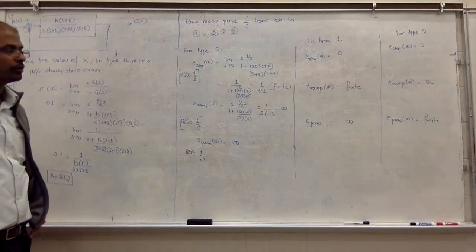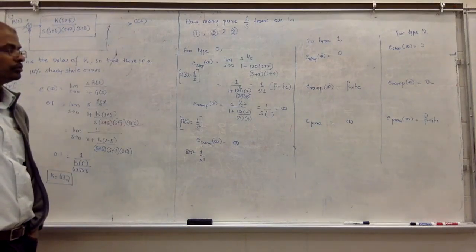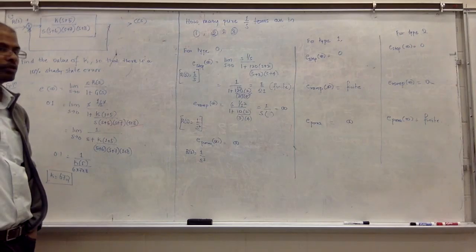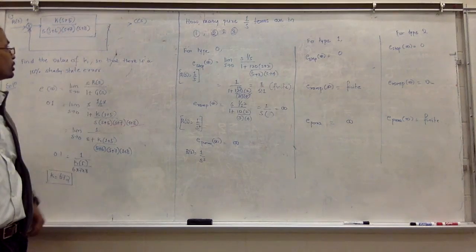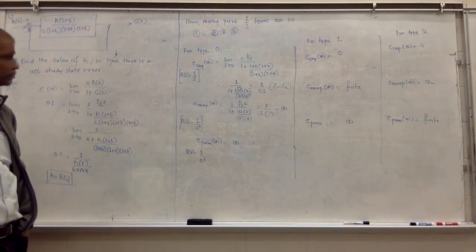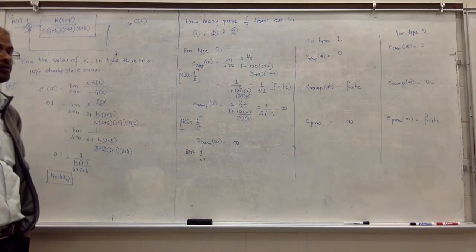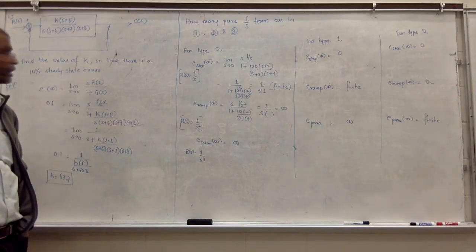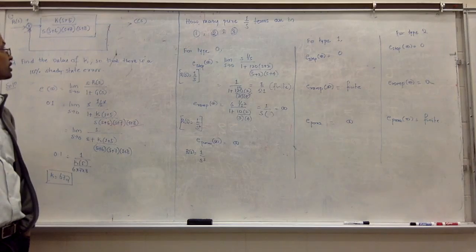What is the steady state error for a parabolic input for a type 1 system? Infinite. Okay. So regardless of what the poles and zeros are. What are the poles here? 0, -6, -7, -8.